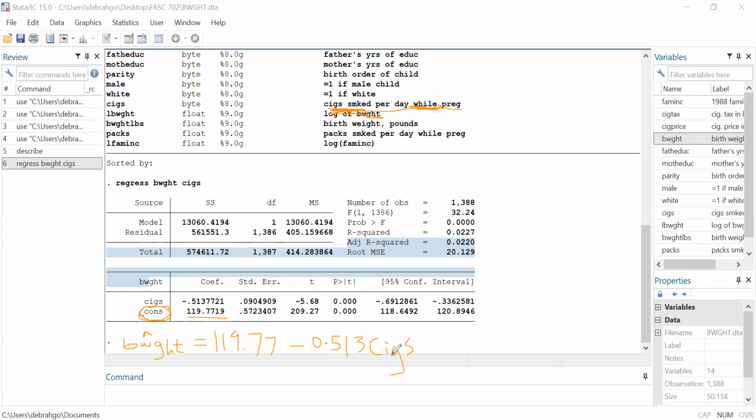So one more cigarette smoked per day while pregnant reduces birth weight of an infant by 0.51 pounds. Is that okay? So this I've reported in equation form.